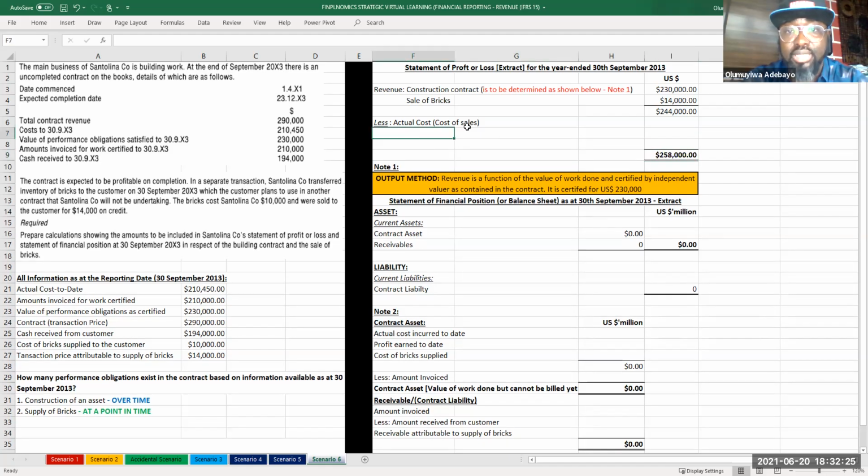My actual cost, I can also break it down into one, that's my cost of sales.